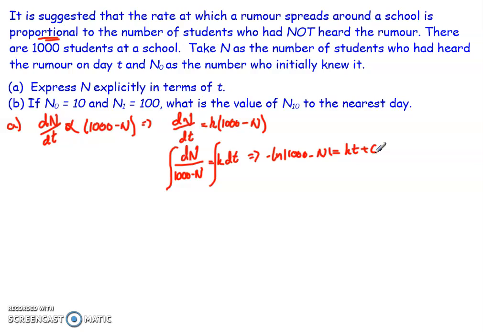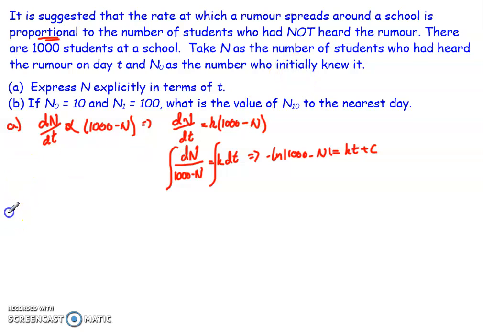What I now have to do is figure out what my constants within this are. At this point, I'm going to start to look at substituting in, because if I can get a value here for my c, it'll make my working a little bit easier, particularly with this negative here. If I look at this here, I can tell you that the initial condition is N naught to begin with.